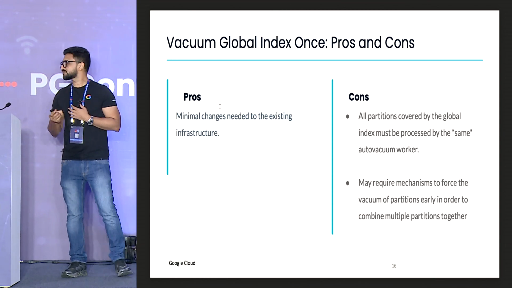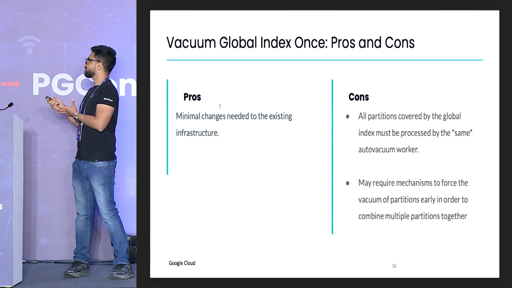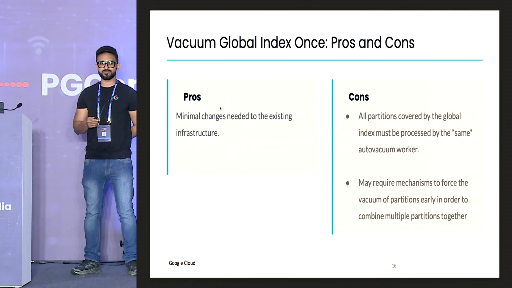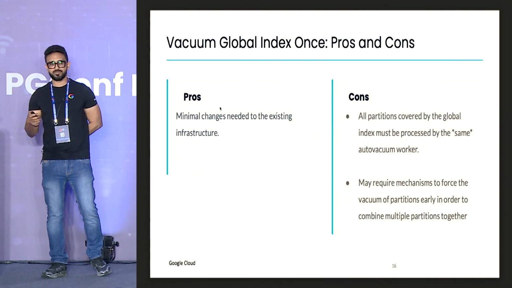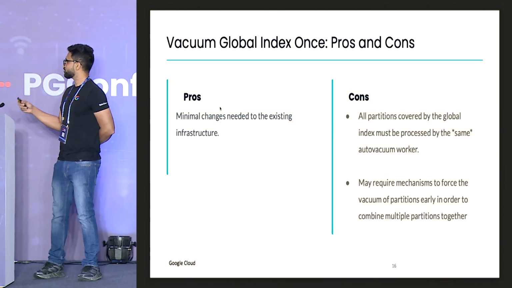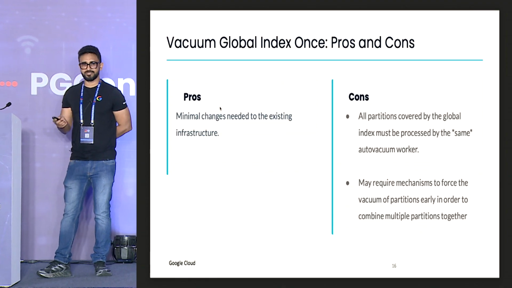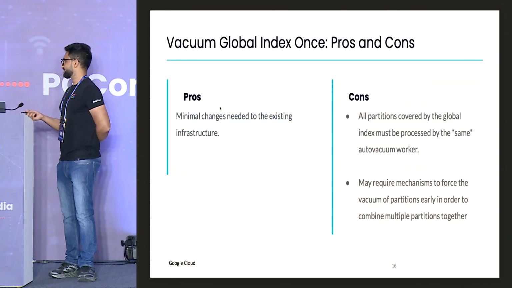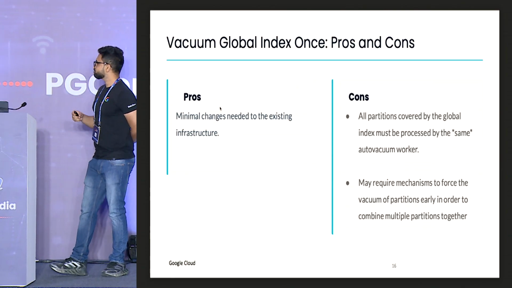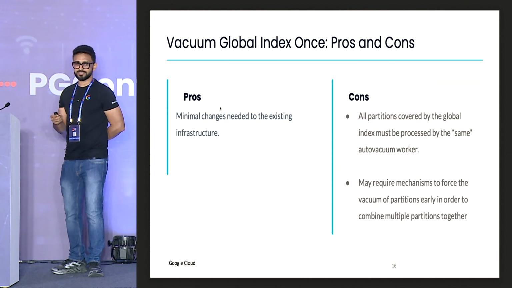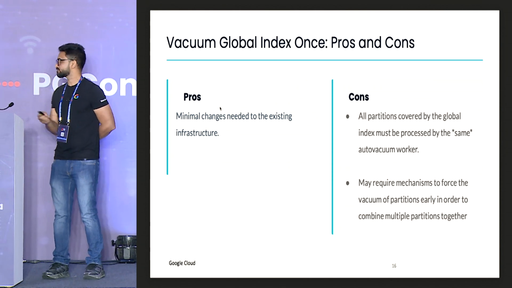Because we already decided that we'll only vacuum the relations which are ready for vacuum. To solve this problem, we can push some of the relations early for vacuuming. Suppose some relations are at 80% or 70% of the threshold, near to when they are supposed to be vacuumed. We can just push them for vacuum and get the global index cleaned up too. So with that, you may vacuum some relations early, but you will not have the problem of vacuuming the global index multiple times.